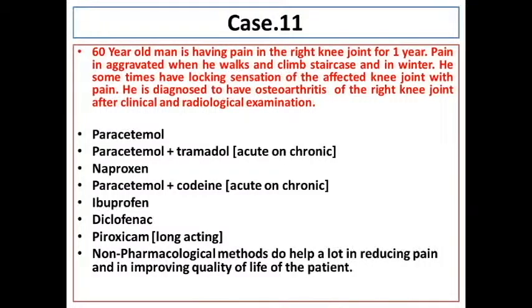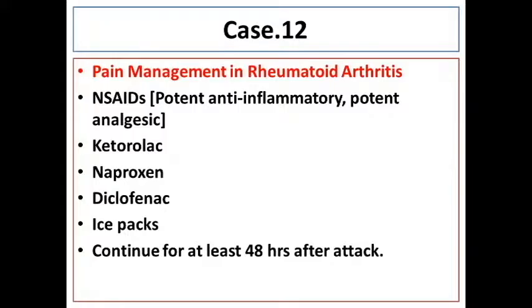The usual protocol is therefore the weaker drugs like paracetamol, followed by stronger drugs like naproxen, followed by the addition of tramadol or codeine for acute situations, and intra-articular steroids for hip or knee osteoarthritis.